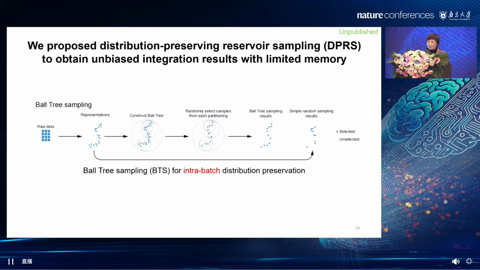The effectiveness of rehearsal depends critically on the sampling strategies used to maintain the memory within a limited capacity. Simple random sampling can distort the data distribution, especially for rare cell types. Therefore, we developed distribution-preserving reservoir sampling. It combines stratified sampling to preserve proportions across batches with a novel intra-batch sampling method called ball tree sampling.